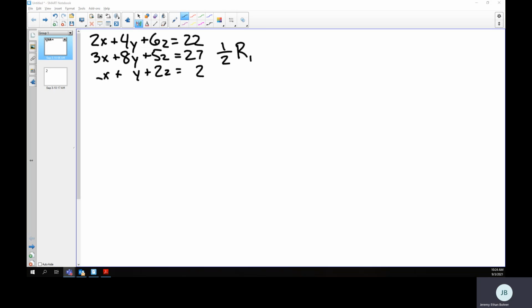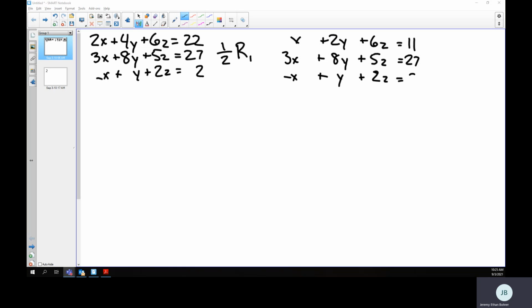So we take 1/2 row 1, and we get x plus 3y plus 3z equals 11. A much nicer equation. We still have 3x plus 8y plus 5z equals 27, and negative x plus y plus 2z equals 2.